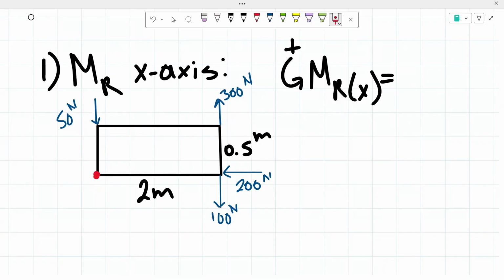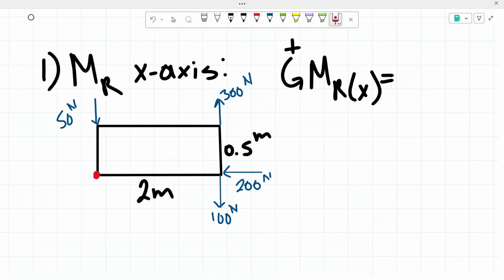So that's just 0. We're not going to write it out. From there, we have this 200 newtons that intersects with that y-axis of that point. Once again, our distance there is going to be 0 meters. So once again, that's not going to be creating a moment.